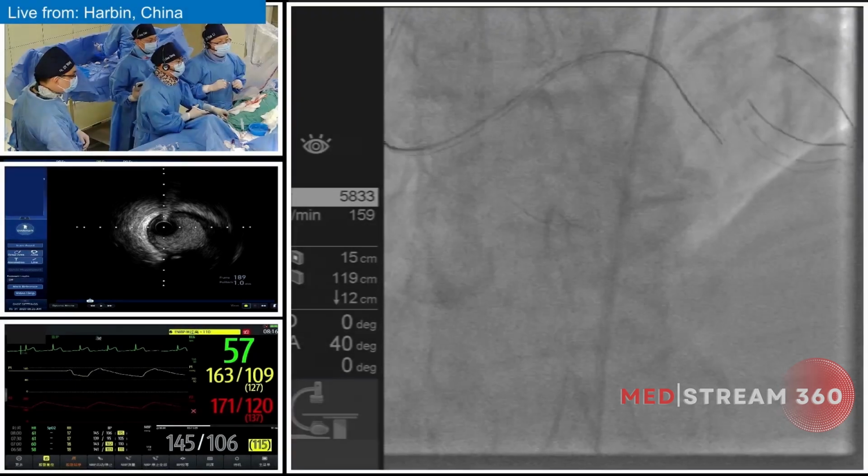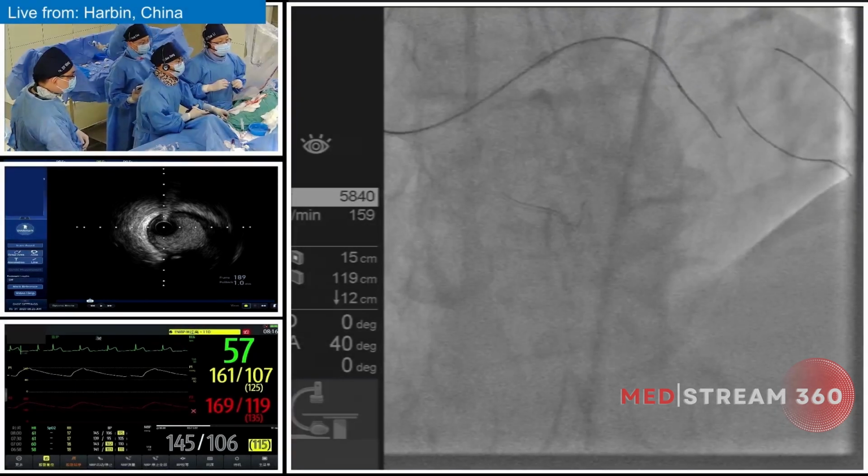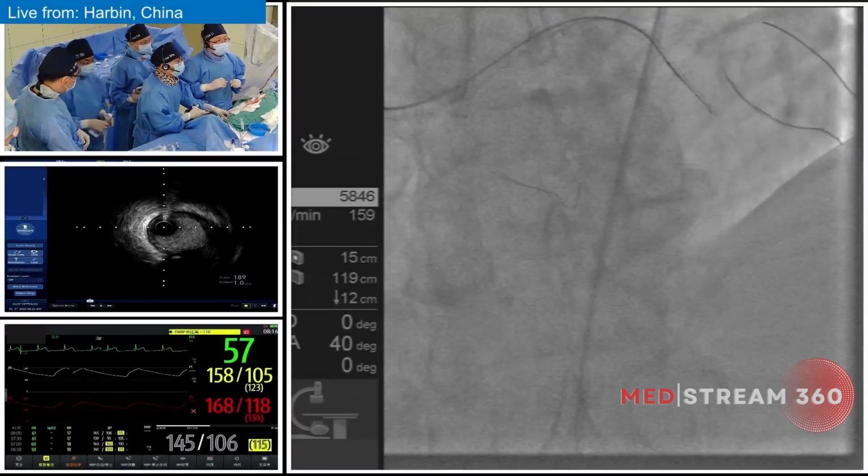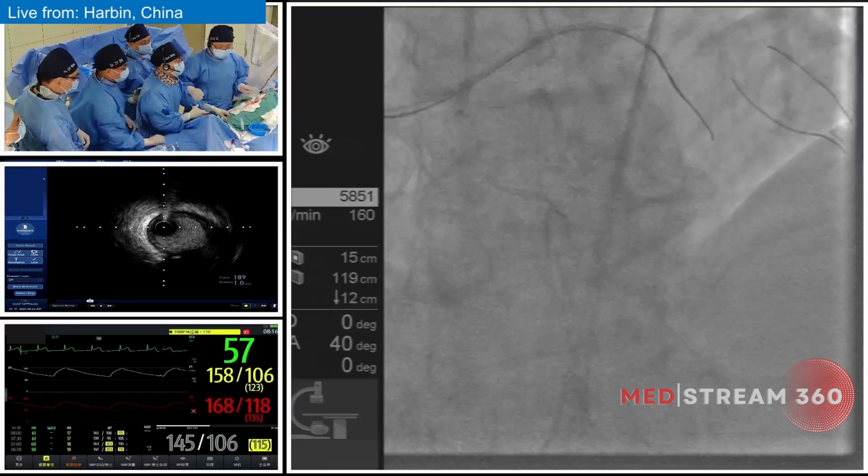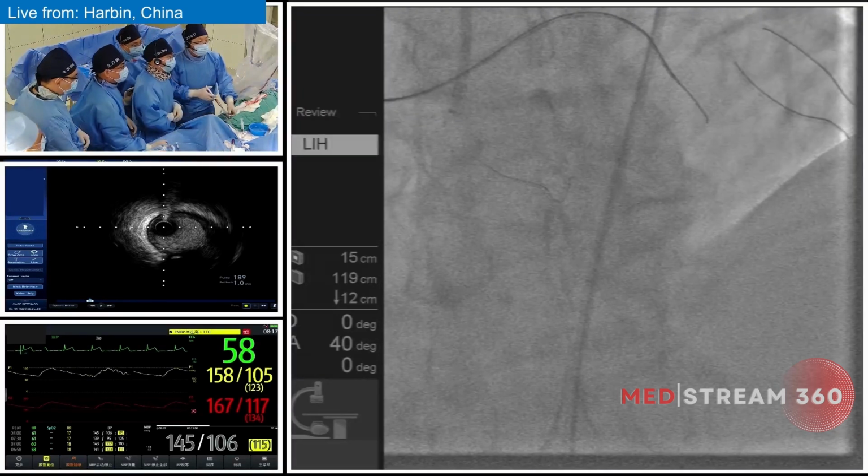And also, like Professor Li just did, we used a dual lumen microcatheter to try to help us perform the antegrade wire escalation approach.